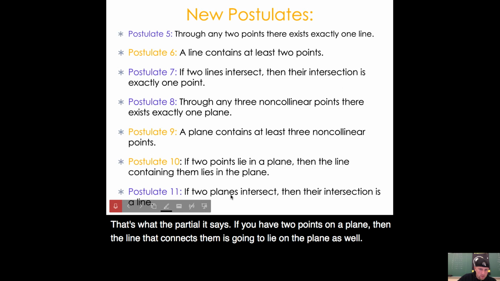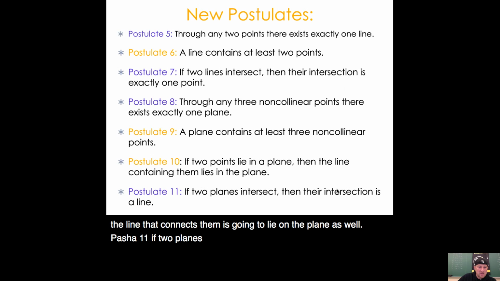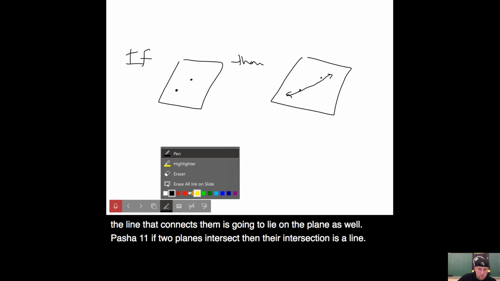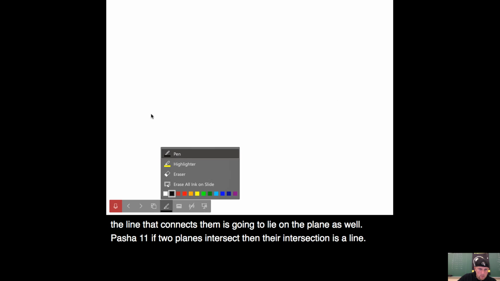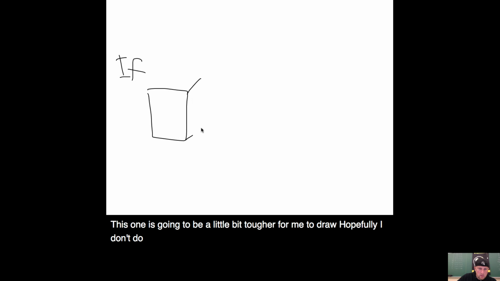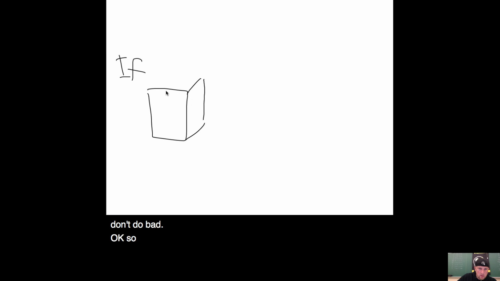Postulate 11. If 2 planes intersect, then their intersection is a line. This one's going to be a little bit tougher for me to draw. Hopefully I don't do bad. Okay, so I'm basically drawing a 3-dimensional shape like your room.